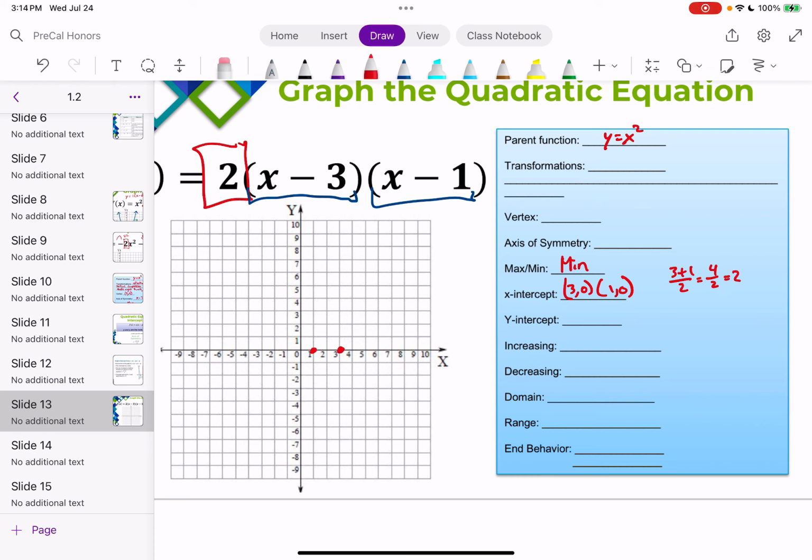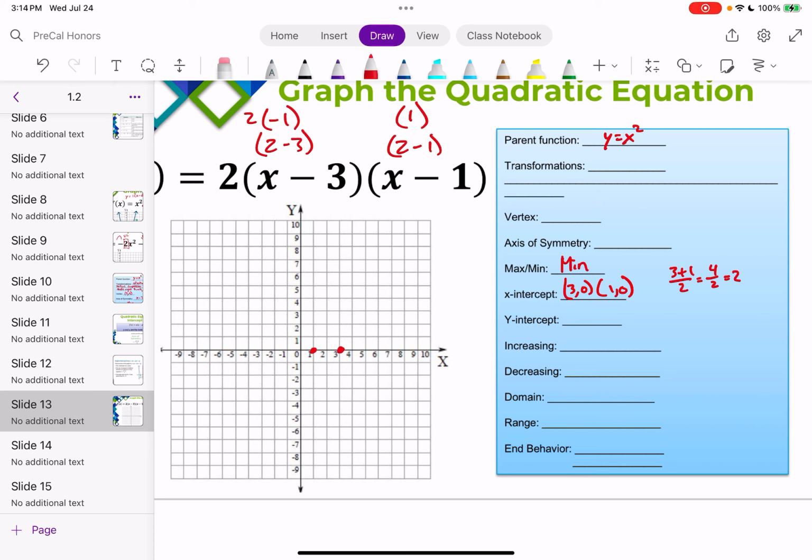We plug it back into our equation. 2 minus 3 is going to leave us with negative 1. 2 minus 1 is going to leave us with 1. So we have 2 times 1, which is 2, times negative 1, which is negative 2.